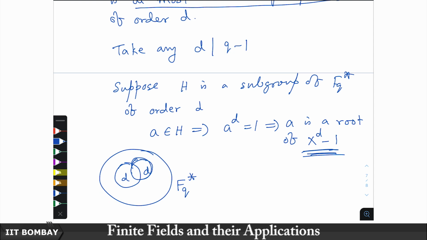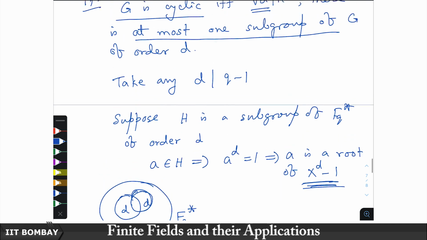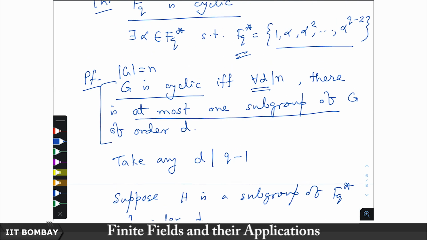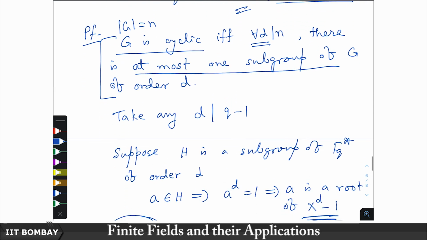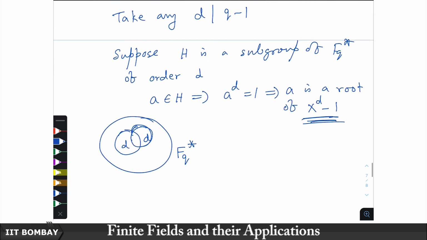So, this is a contradiction if there are multiple subgroups of order d in the multiplicative group. So, that proves that there is at most one subgroup of order d, and then by using this characterization of cyclic groups, it implies that F_q star must be a cyclic group.